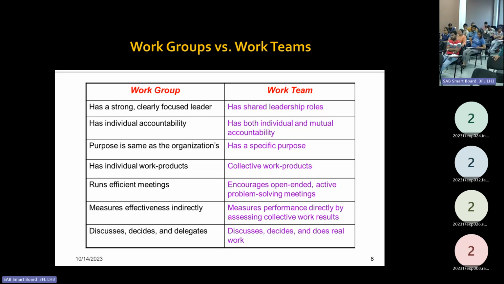Group performance orientation is task oriented, not result oriented. Person oriented, job oriented, therefore task oriented. But team performance evaluation is result oriented, so customer oriented.